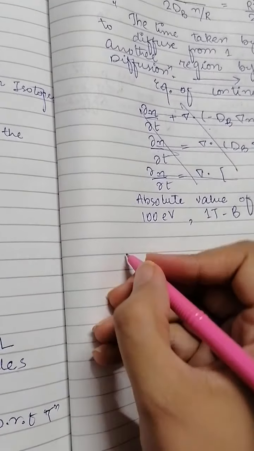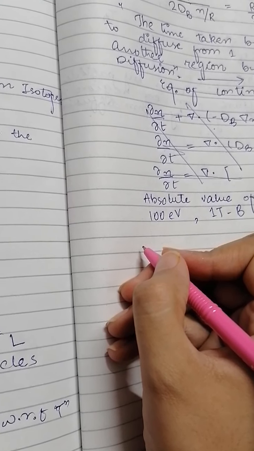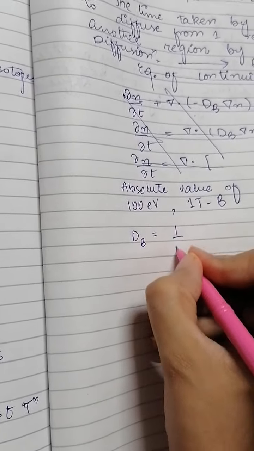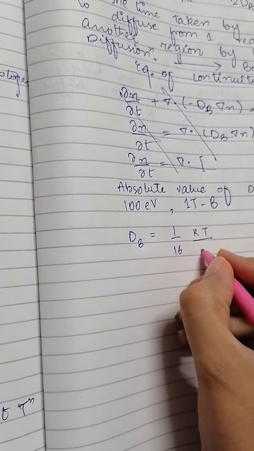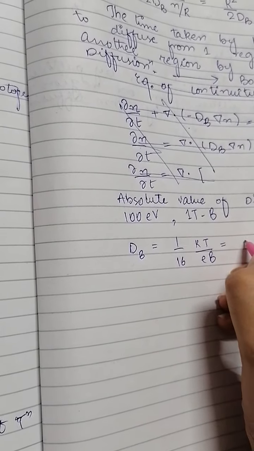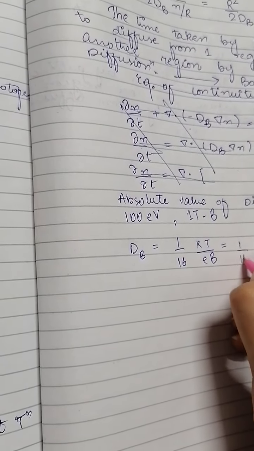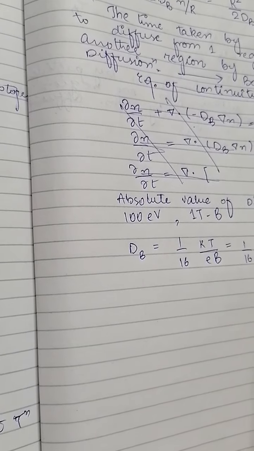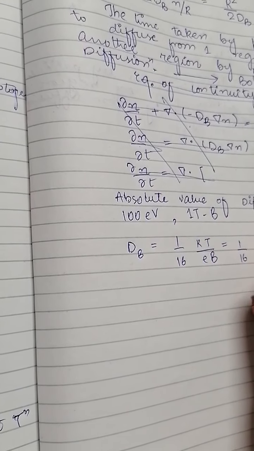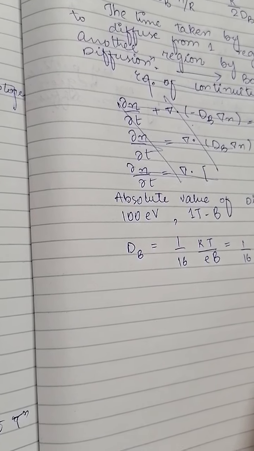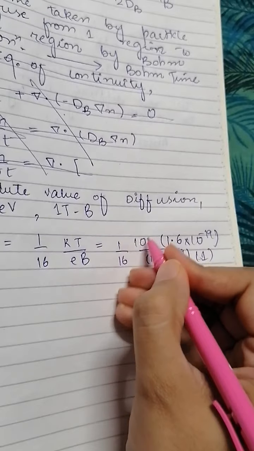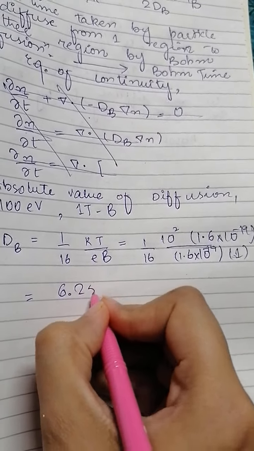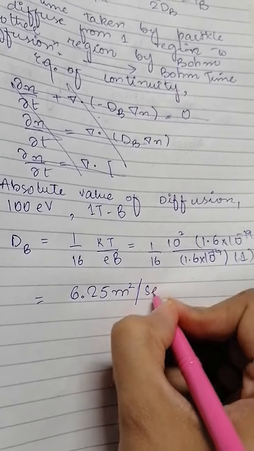So the Bohm diffusion formula is 1 over 16 kT over eB, which can be written as 1 over 16 times 1.6 times 10 to the power minus 9 over 1.6 times 10 to the power minus 19 times 1, and we get the value which is 6.25 meters square per second.